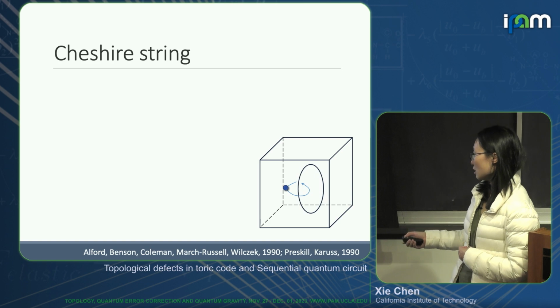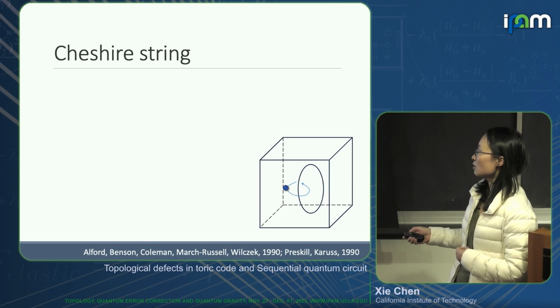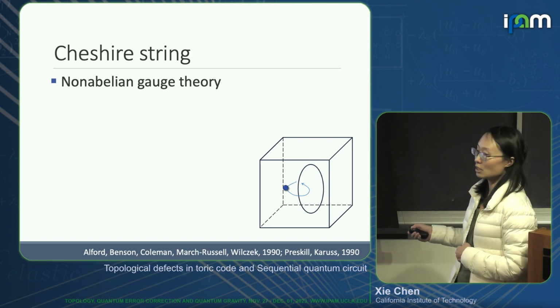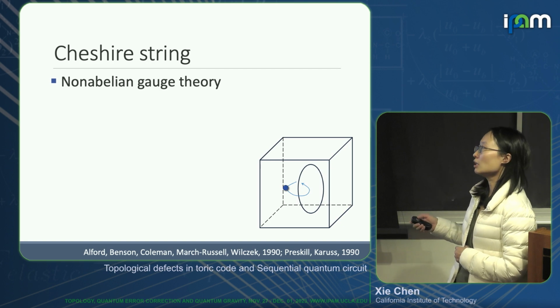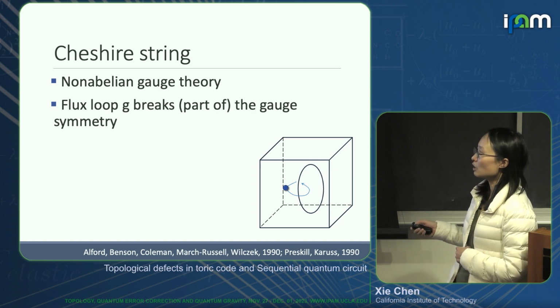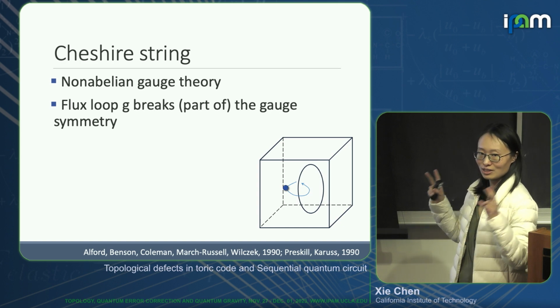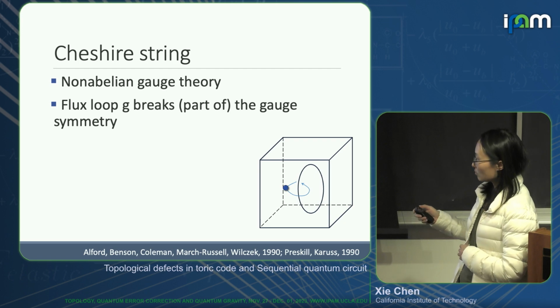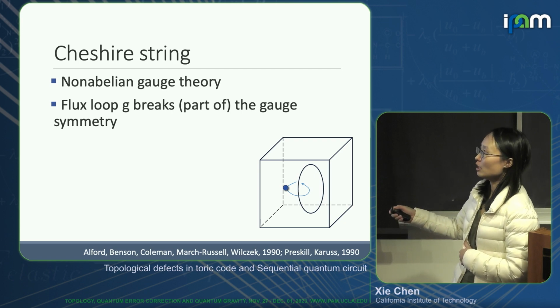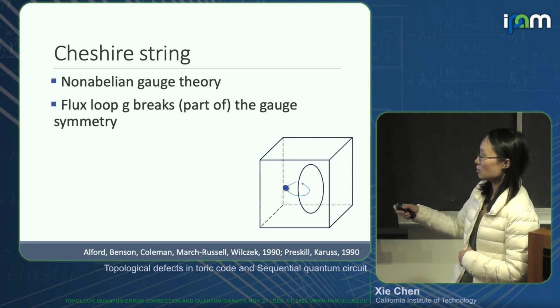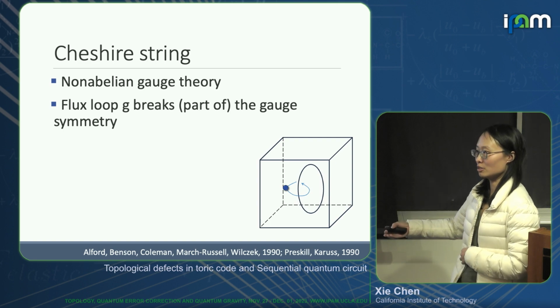And this was already discussed in the 90s when people were thinking about non-abelian gauge theories. When the gauge group is a non-abelian group, the gauge flux loop has to be, in a sense, a Cheshire string, because the flux loop in a non-abelian gauge theory, associated with a particular group element, has to break some of the gauge symmetry, unless it's in the center.